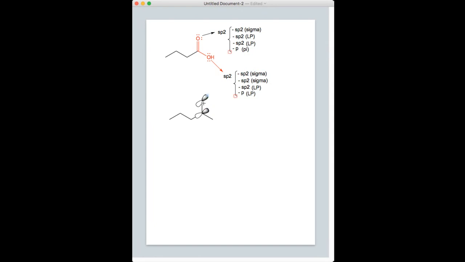So this is a pi bond here, side by side overlapping of p orbitals. And this oxygen here, because it's sp2 hybridized, has 2 sigma bonds, 2 sp2 hybrid orbitals for the 2 sigma bonds. So one lone pair is in an sp2 hybrid orbital, and the second one is in a pure p orbital. So I'm going to draw my pure p orbital here.